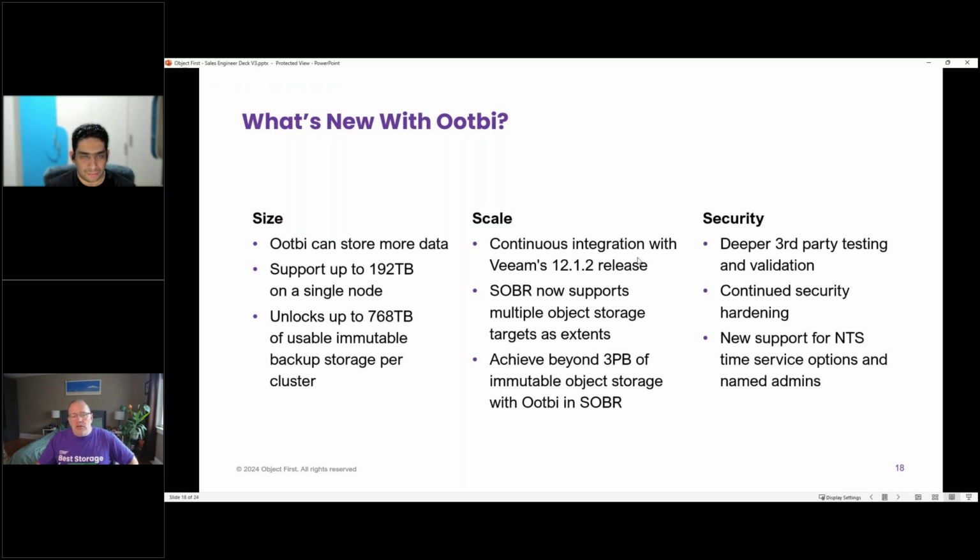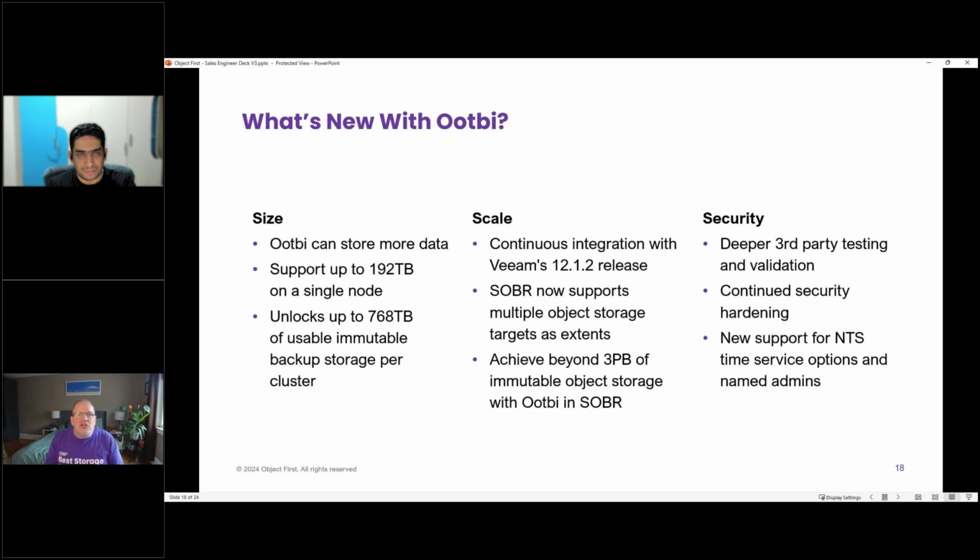So scale, continuous integration with Veeam's 12.1.2 release. Veeam now supports multiple object storage targets as extents. Originally, before 12.1.2, you could only have one extent and have SOS API supported, okay?